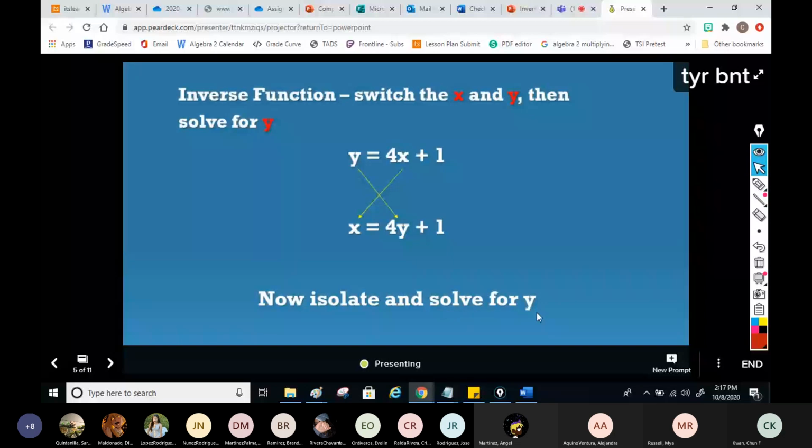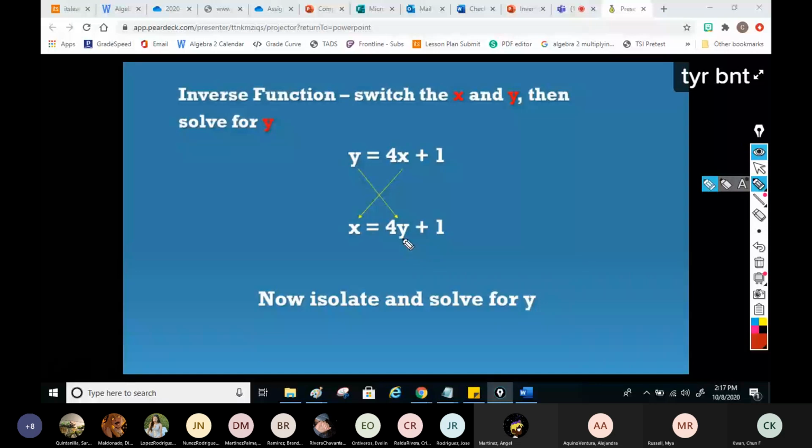When I say solve for y, I mean I want y alone and by itself. I want my answer to be y equals, and then everything else on the other side. That's what I mean by solve for y.